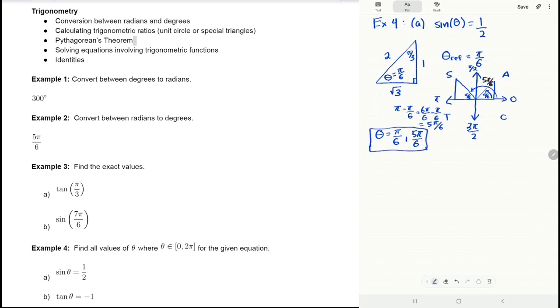So now let's have a look at another example. So suppose we want to find the angles for which tangent of theta is equal to -1. So now to solve this equation, we need to look at the other special triangle.